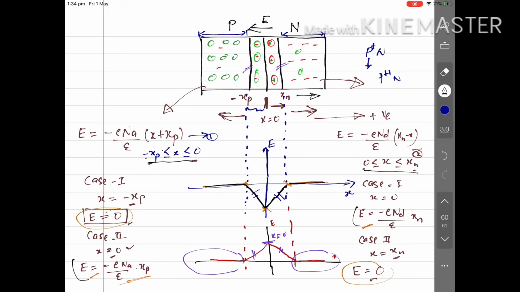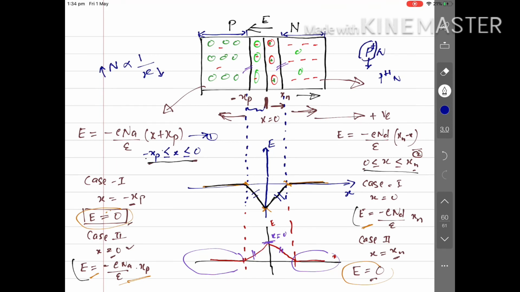We need to understand one important relationship between the depletion width and the doping: the doping concentration is inversely proportional to the depletion width x. So as we increase the doping, the depletion width will reduce, and as we reduce the doping, the depletion width will increase, right?